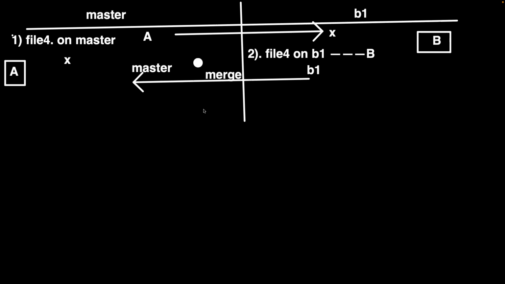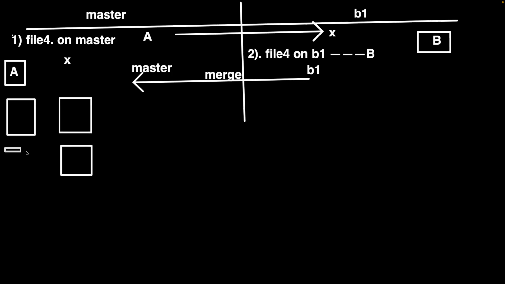Now, whenever you are doing this merge, the concept is that whatever commits are here, if you look into the commit history, the commit history of B1 should come and sit here.